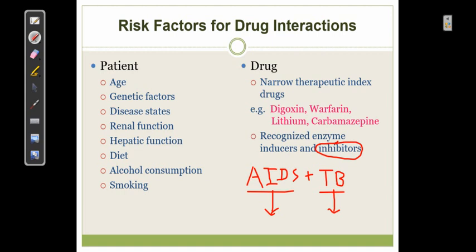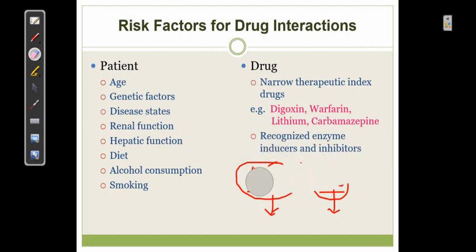Rifampicin is a hepatic microsomal enzyme inducer, so it will increase the metabolism of antiretroviral drugs, and then the effectiveness of the antiretroviral drug could be decreased. These are very important clinical examples that a pharmacist, whether hospital or clinical pharmacist, should be aware of.